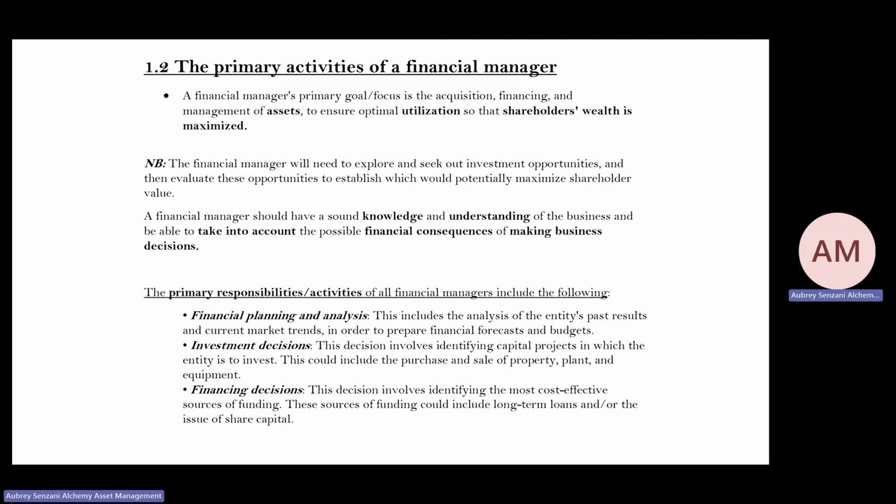Then here they're highlighting the primary activities of a financial manager. The primary focus is the acquisition, financing, and management of assets to ensure optimal utilization and that shareholders' wealth is maximized. Just saying the same thing in a different set of words.